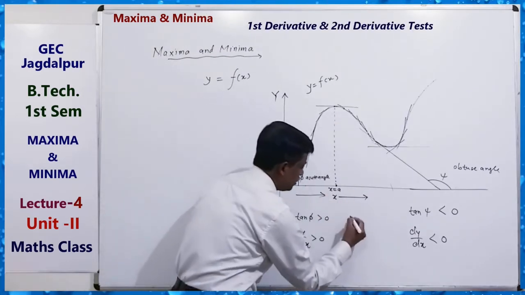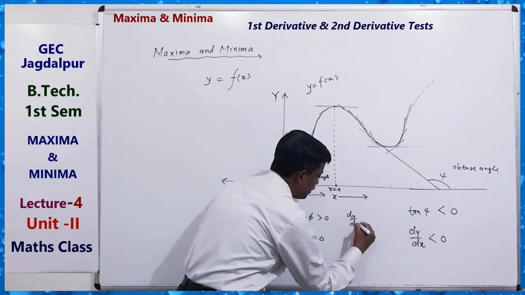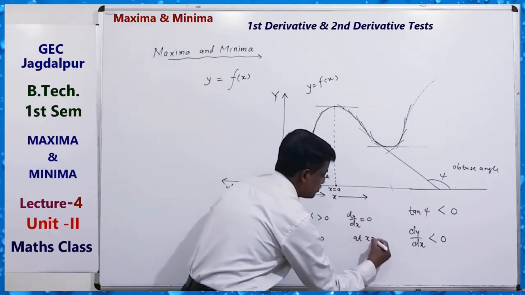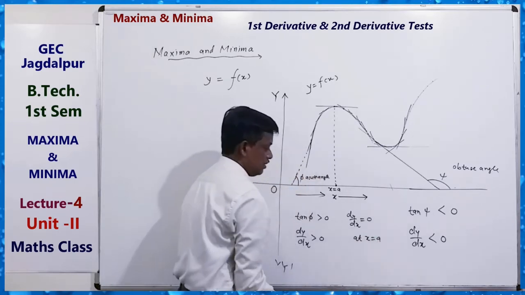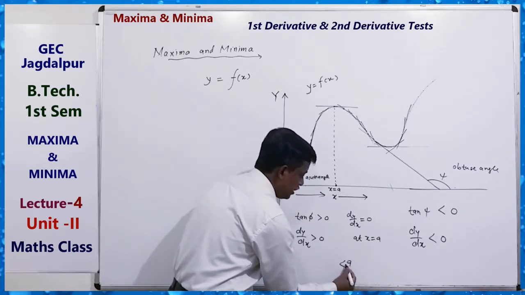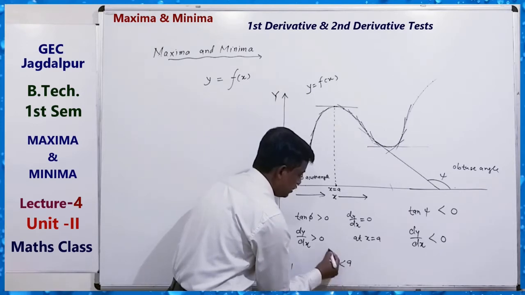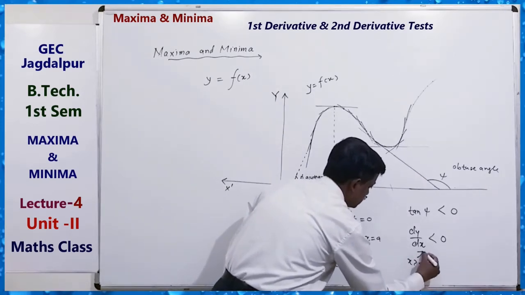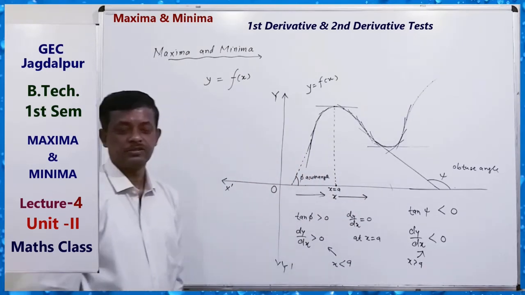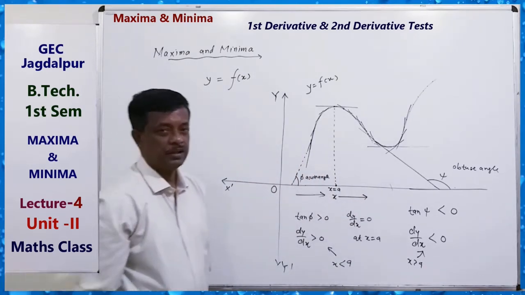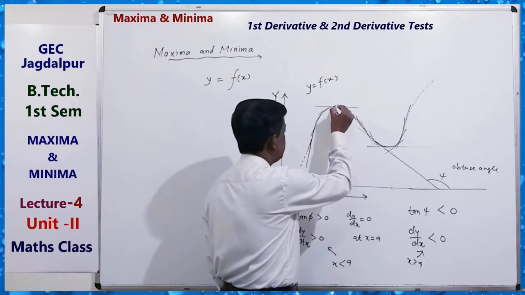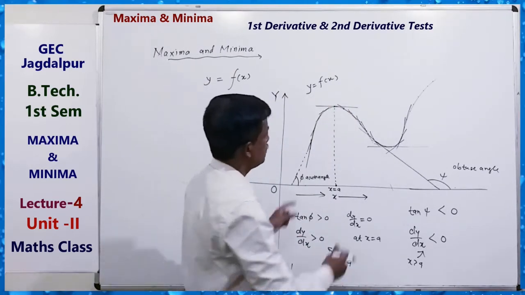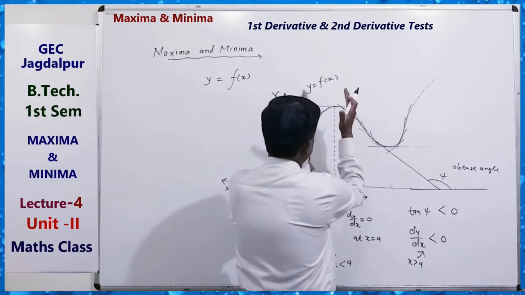At this point, the derivative is equal to 0 at x equals a. For x less than a, the tangent is like this, and for x greater than a, it is like this. So we see that here is the maximum point in this neighborhood.